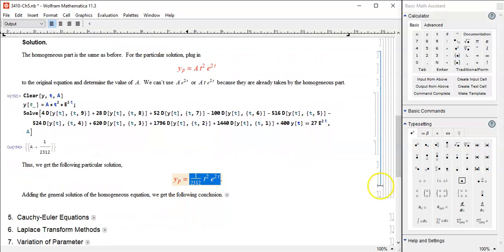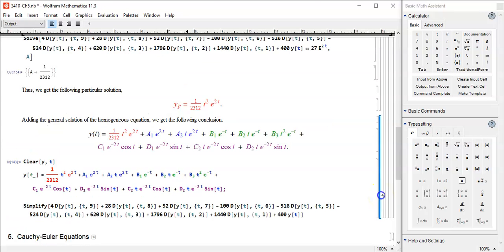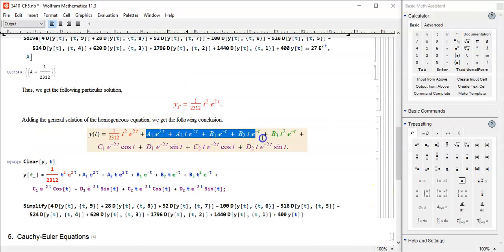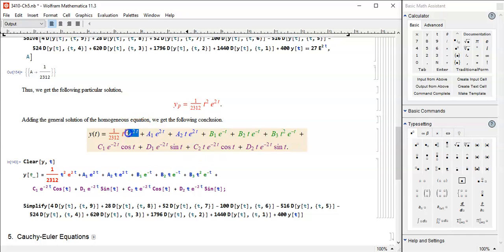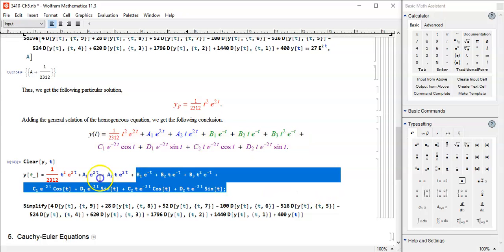This is the particular solution, and the homogeneous equation has this as a general solution. We saw that already. So that's a particular solution. The rest is the general solution for the homogeneous equation. Put them together, we get the general solution of this non-homogeneous equation. We can check with this mathematical program.